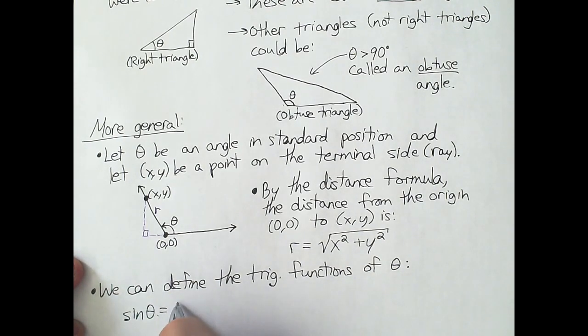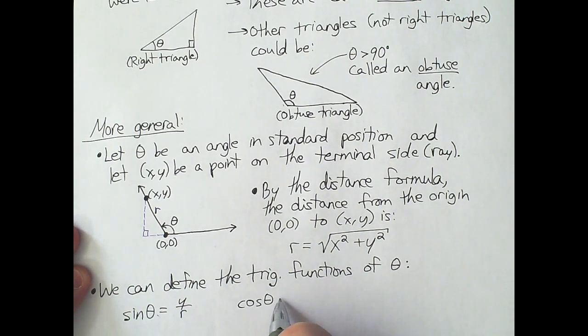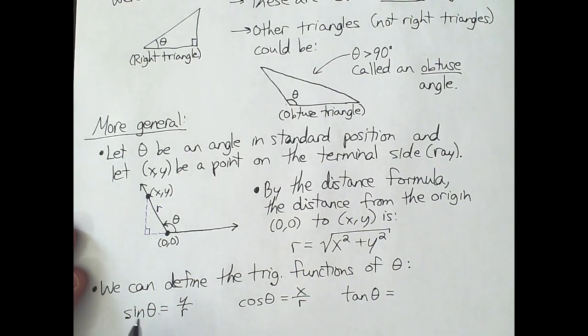We could say that sine of theta is y over r. Cosine of theta is x over r. Tangent of theta is... Let me start by saying, usually we expect sine and cosine.